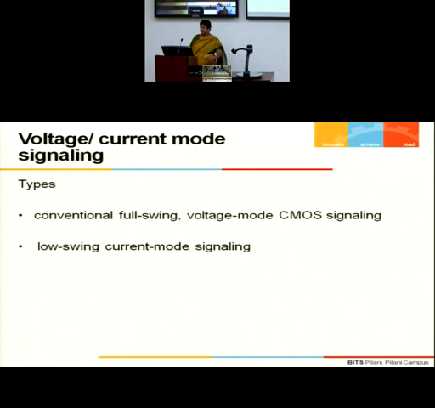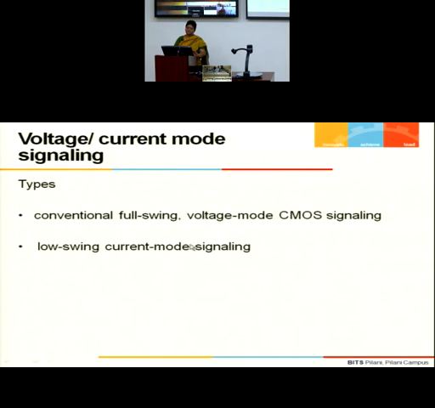So as I said, there are two ways in which you can send electronics. It is either as a voltage quantity or as a current. So we have two types of signaling in terms of physical quantities: conventional full swing voltage mode CMOS signaling and low swing current mode signaling.